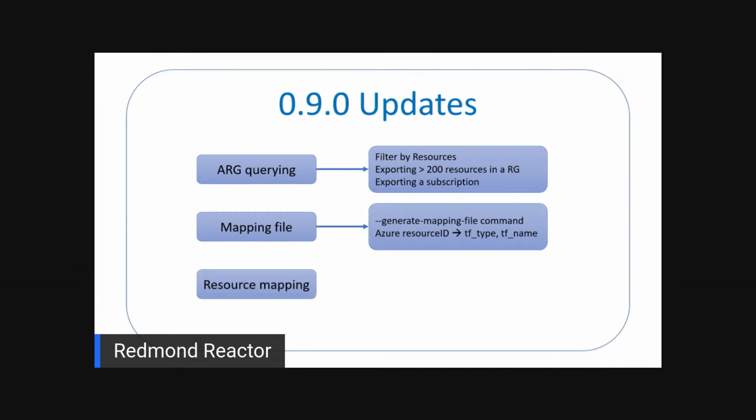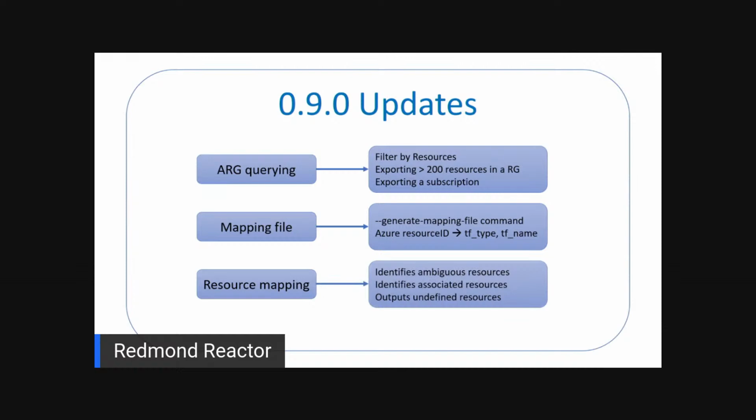And then for the resource mapping, one thing that happened in 0.6, but we want to repeatedly call out, is that the tool now can identify ambiguous resources, such as a Linux virtual machine and Windows virtual machine. And it can also identify associated resources, like a data disk for a VM. And it can also output for us whether there was an undefined resource.